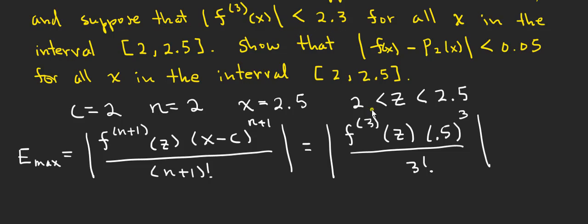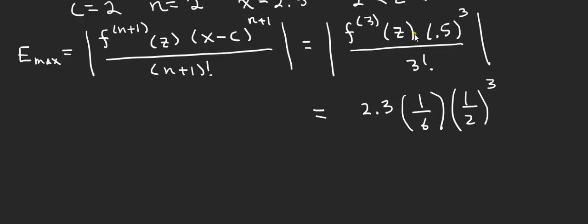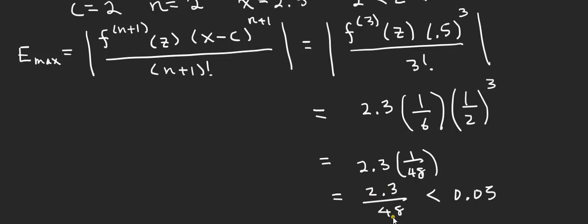So the maximum value of this is 2.3. So therefore, you get 2.3 times 1 over 3 factorial, which is 1 over 6. And then quantity 0.5 cubed is the same thing as 1 over 2 to the third power, which gives 2.3 times 1 over 48. And 2.3 over 48 is less than 0.05. So we just showed that the maximum error is less than 0.05.